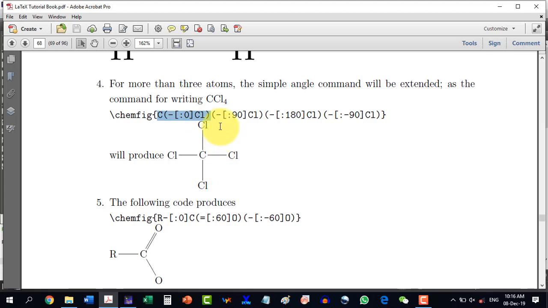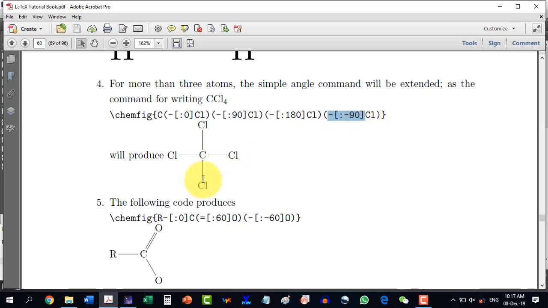Then this carbon is also bonded, so it's in brackets, this carbon is also bonded at 90 degree with chlorine. So it is from this to this at 90 angle. And then it is again bonded at 180 degree with chlorine. So from here to here is 180 degree. And now after this one, I mark that it is again bonded with chlorine at minus 90 degree.